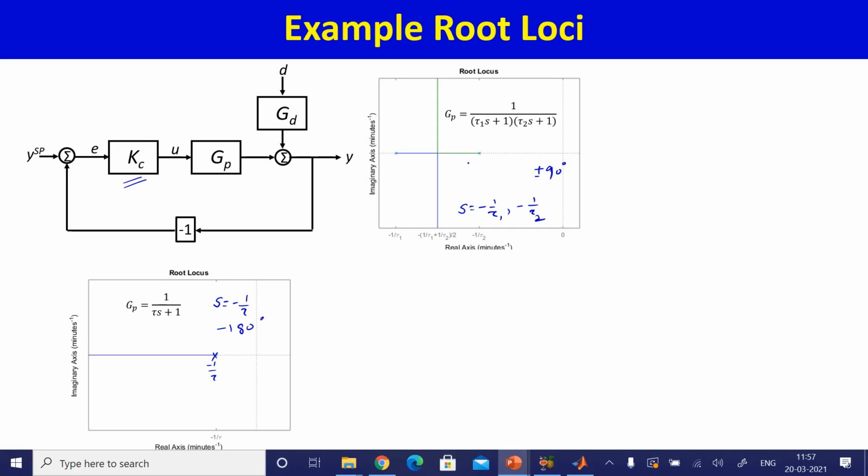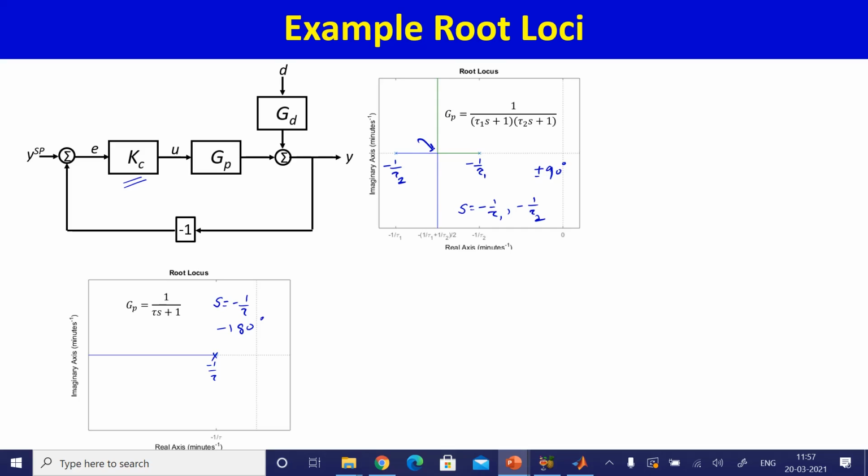So the loci begin at, let's say tau 1 is greater than tau 2, so the loci begin here and end up in two loci. What is the location of this breakpoint?